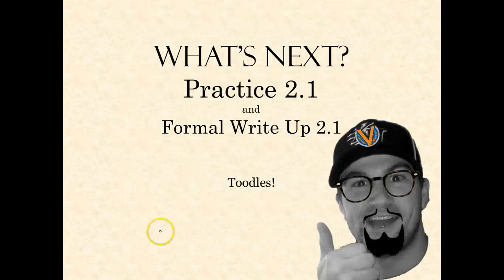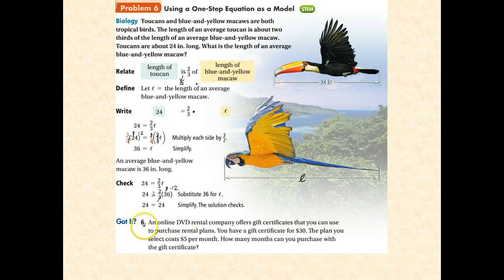All right, so let's check out number 6. An online DVD rental company offers gift certificates that you can use to purchase rental plans. You have a gift certificate for $30. The plan you select costs $5 per month. How many months can you purchase with the gift certificate? All right, so $5 a month, $30.